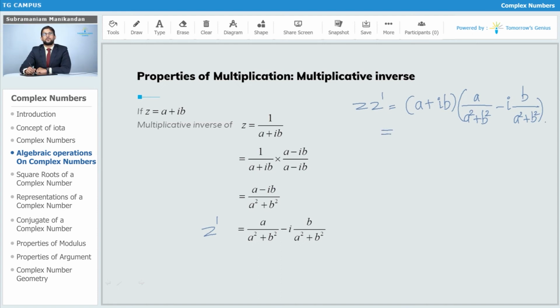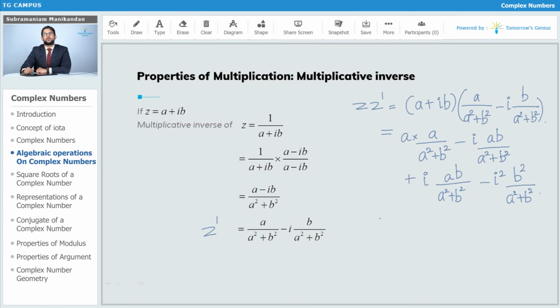And so we get a times a by a square plus b square minus I into ab divided by a square plus b square plus I into ab divided by a square plus b square minus I square b square divided by a square plus b square.